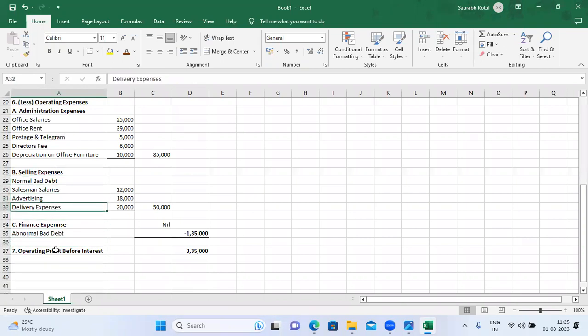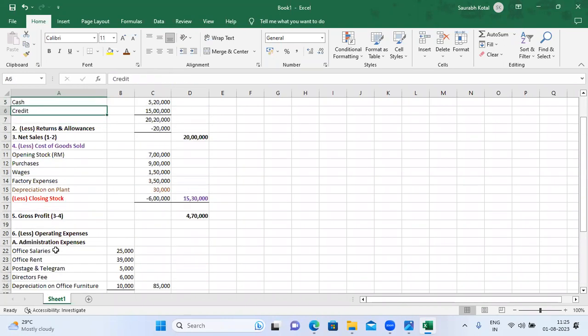Have we missed out anything? No, sir. Then in that case, let me just tell you that we are including administrative expenses. We went up and we included a depreciation on plant.